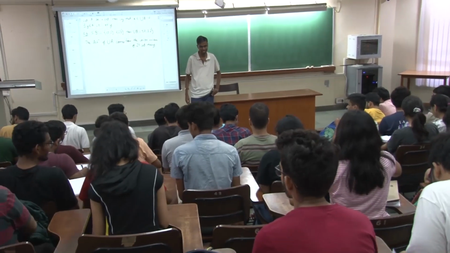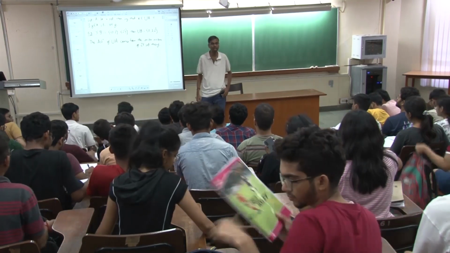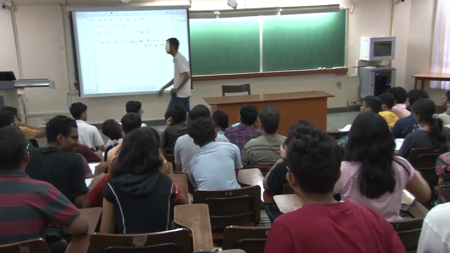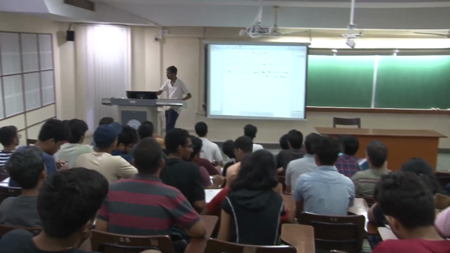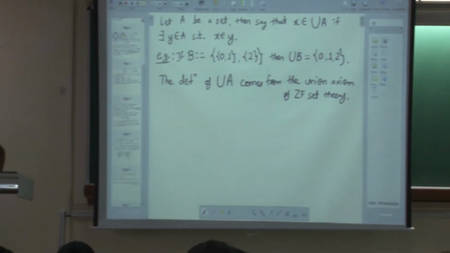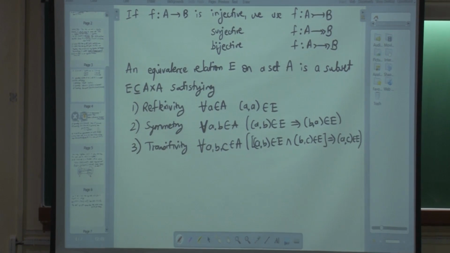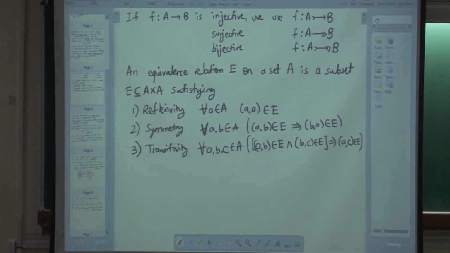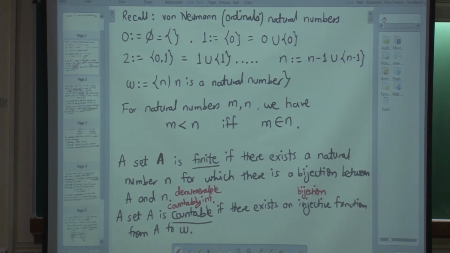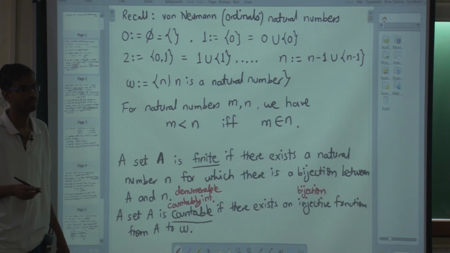The union of omega will be omega. Union of omega, yes, union of omega will be omega. What will be union of a natural number? I'll just go to that particular slide. Okay, so what is union of 2? 0, 1.